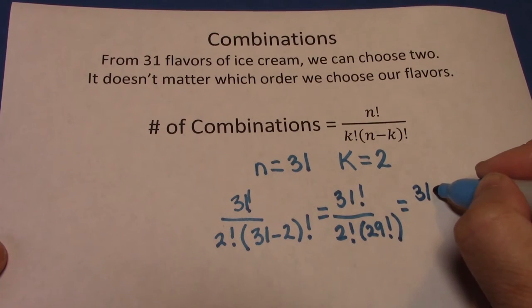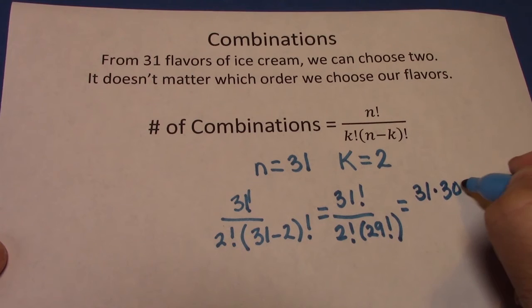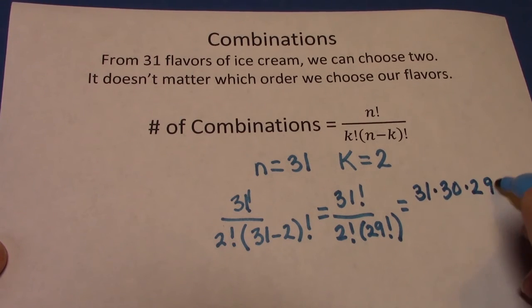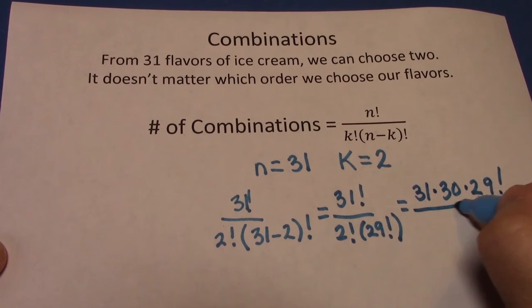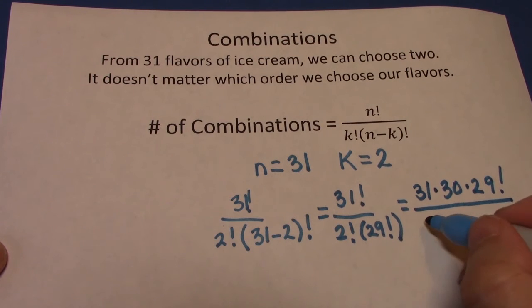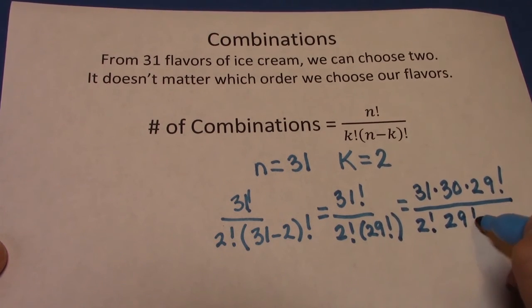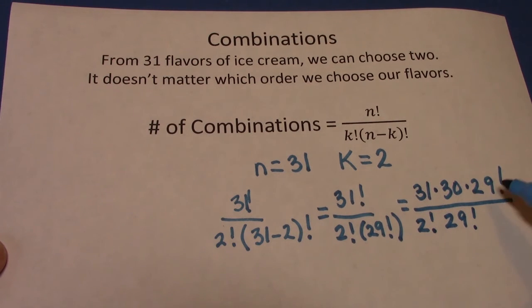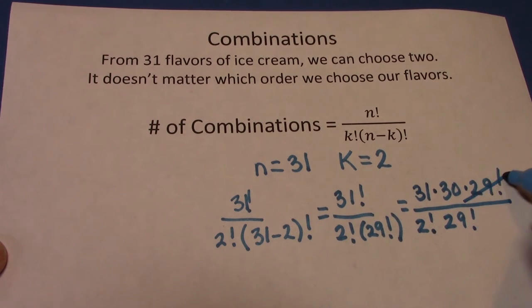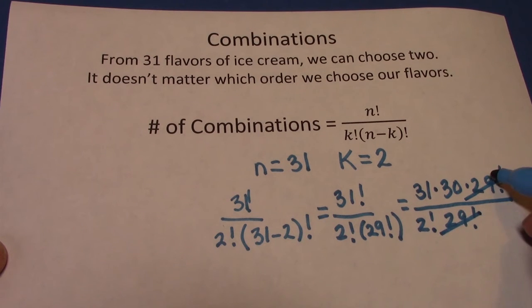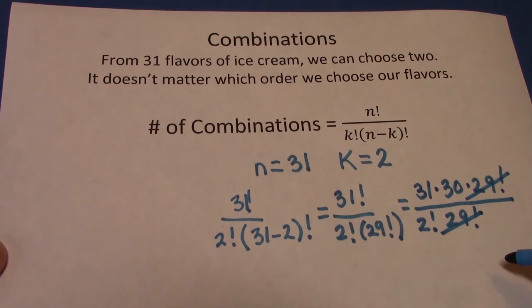This is 31 times 30 times 29 factorial. I'm going to stop writing it out there. And this is 2 factorial times 29 factorial. Now, 29 factorial, it would take a long time to write that out, but it's a factor of both our numerator and our denominator. So we can actually cancel it out. That's 1 over 1 essentially, right?